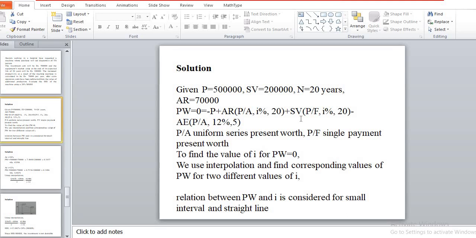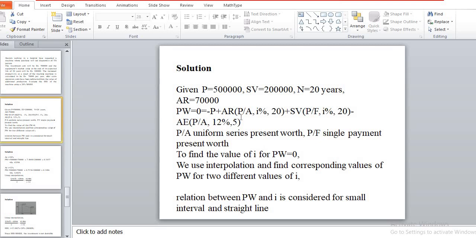We have to find that I dash. For that I dash, the present worth should become 0. The present worth has a formula like this: minus P plus AR into P by A factor at a particular interest rate I, plus the salvage value into the P by F factor.